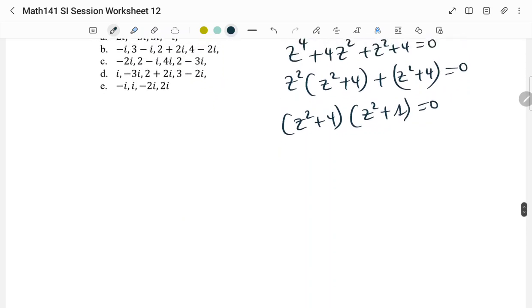Whenever we have a product of factors equal to 0, that means either one of them or both are equal to 0. So either z squared plus 4 is equal to 0 and or z squared plus 1 is equal to 0.